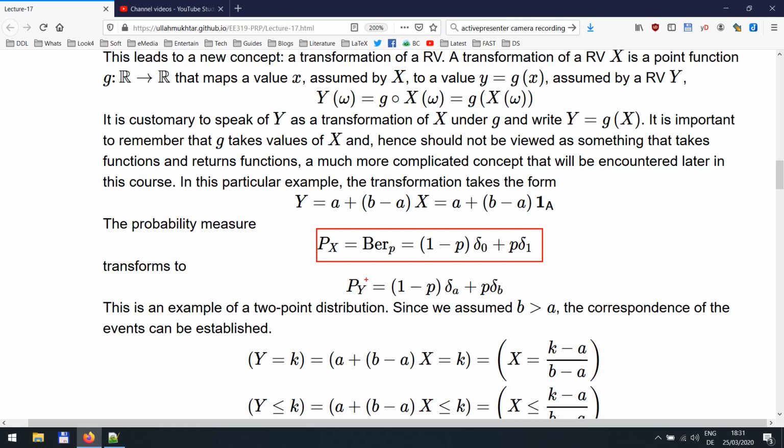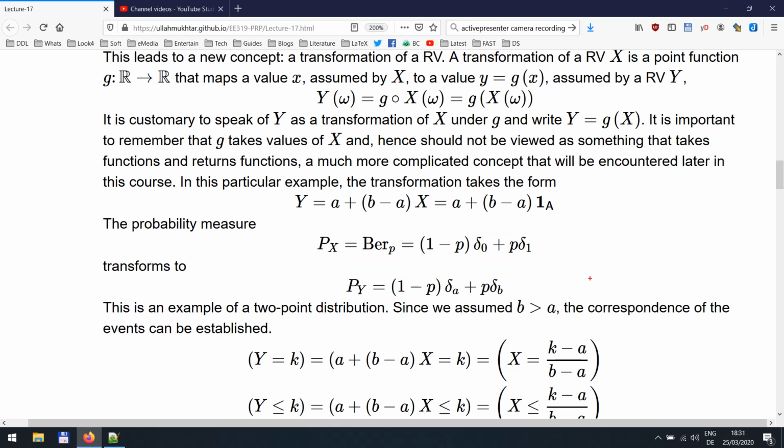So our new measure for probability in the language of the random variable Y will simply be an extension of that equation. 1 minus p doesn't change, p doesn't change. Only the Dirac measure at 0 now changes to the Dirac measure at A, because now it will be located at A. And the Dirac measure at 1 is transformed to the Dirac measure at B.